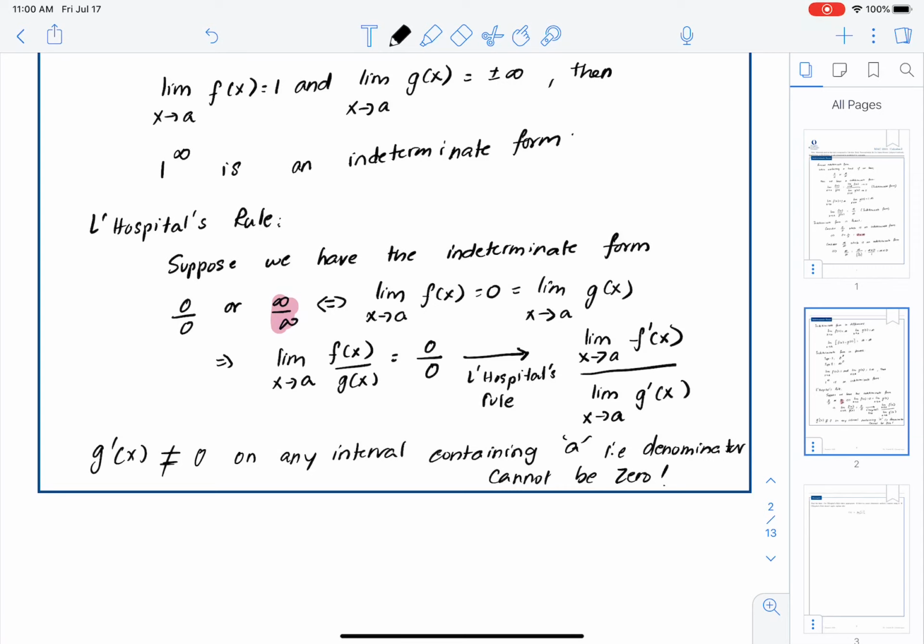So the key here is if we encounter an indeterminate form when evaluating the limit, then we take the derivative of the numerator, apply the limit, divided by the derivative of the denominator, apply the limit, and we'll have the final answer. Sometimes after one step of L'Hopital's rule, you may get an indeterminate form again, which would simply mean you have to apply L'Hopital's rule one more time.